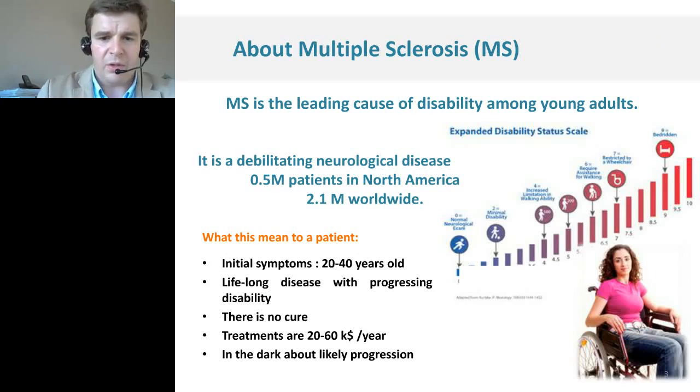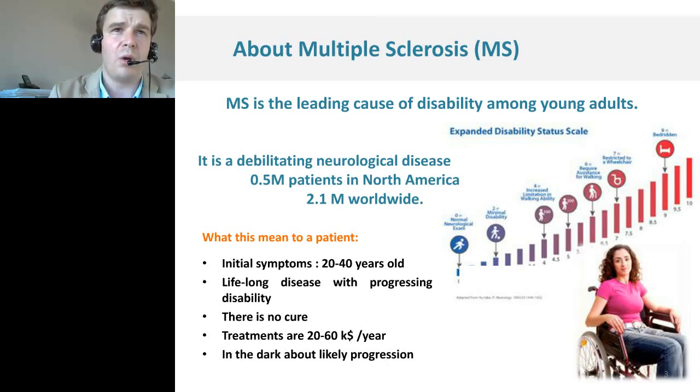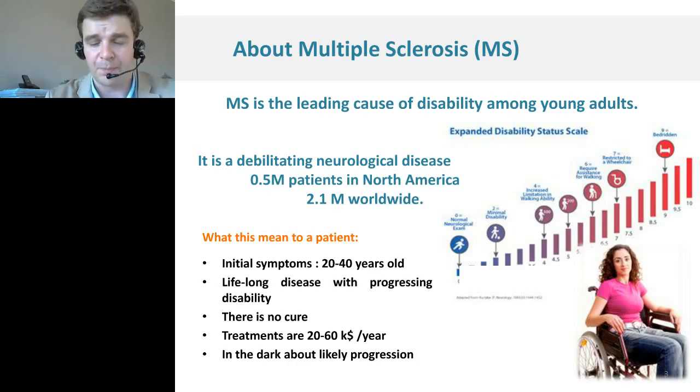So let me just tell you a little bit about MS, since it's all about MS in this session, and maybe also the view we have on MS, affecting about 500,000 people in North America, 2.1 to 2.3 million people worldwide, and truly the leading cause of disability among young adults.